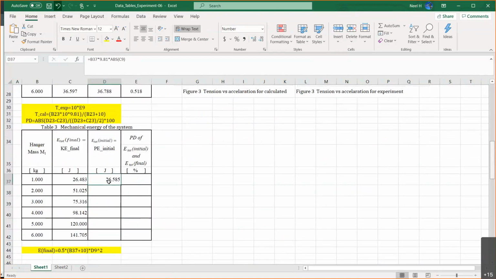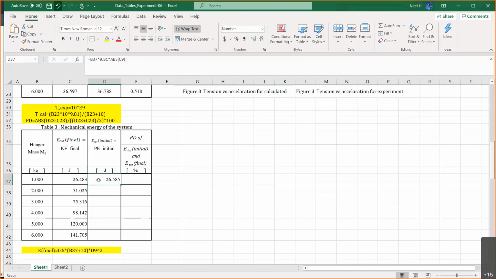If that is correctly done, then these two numbers should be exactly the same. However, you will see a very little bit of difference. See that? That's where you have to explain why. So which tells you energies look like not conserved. So there may be a little bit of energy loss. So that you have to explain.